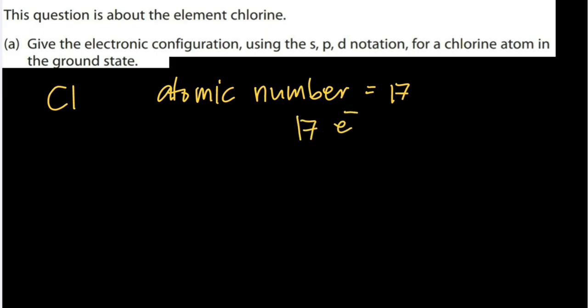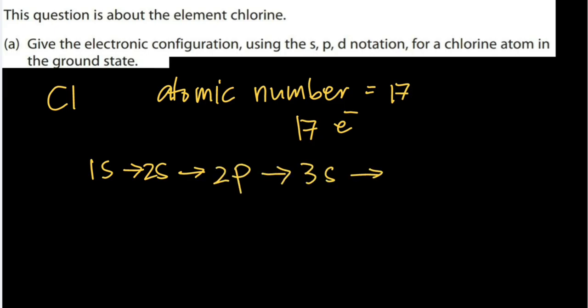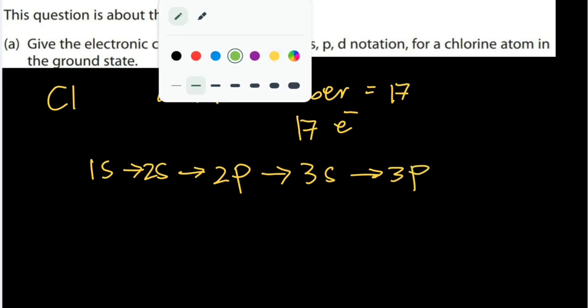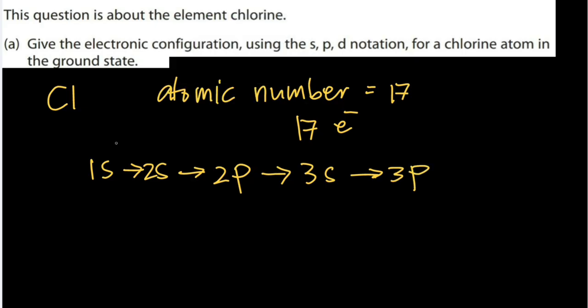So we fill the order from lowest to highest energy. So 1s, 2s, 2p, 3s, 3p. So let's fill that in. The s orbital will just fill in 2 electrons, and then p, 6, and then s2.